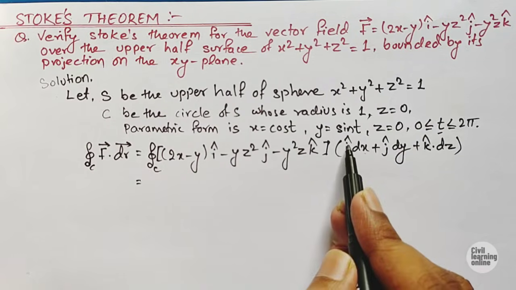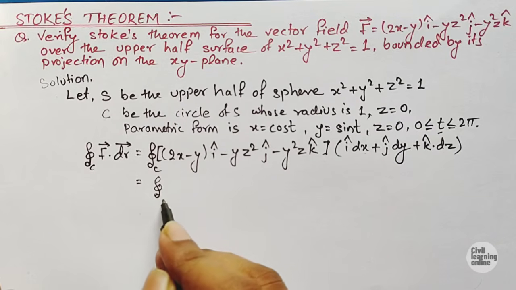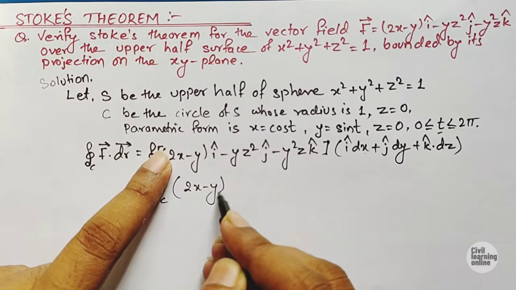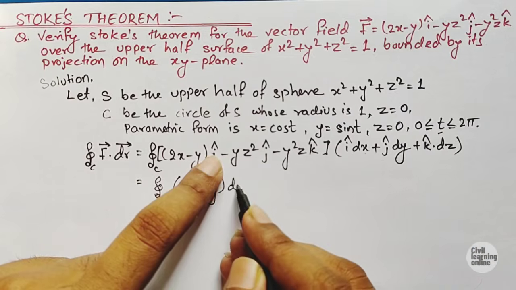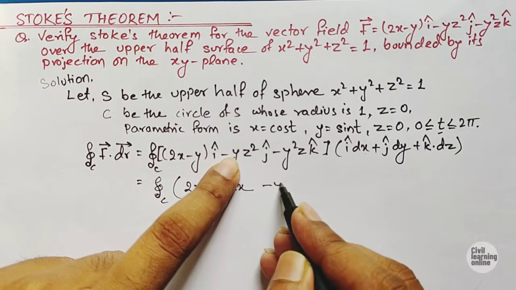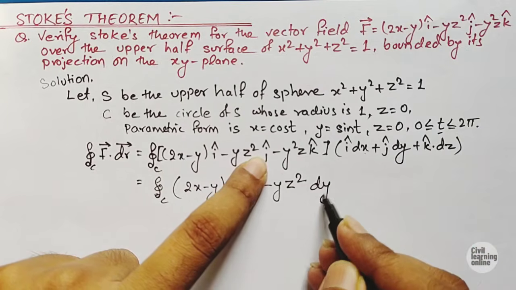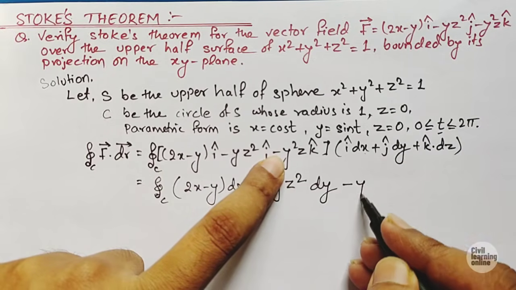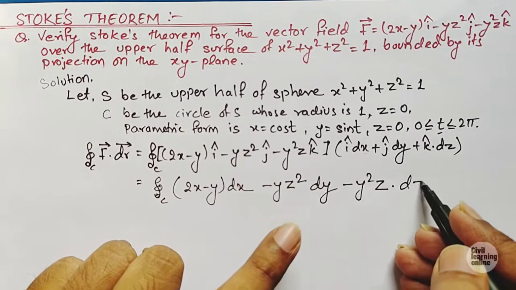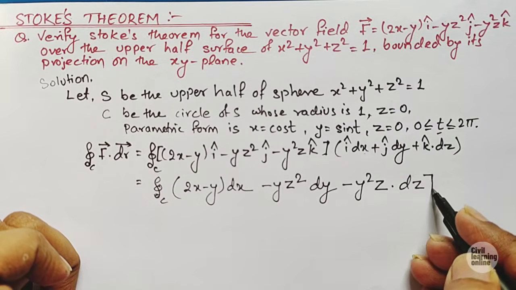So i cap is multiplied with i cap, and we will have the integration symbol, (2x minus y) dx, and again j cap will be multiplied with j cap, so minus y z square dy, and here we will have minus y square z dz, and simply close the bracket.